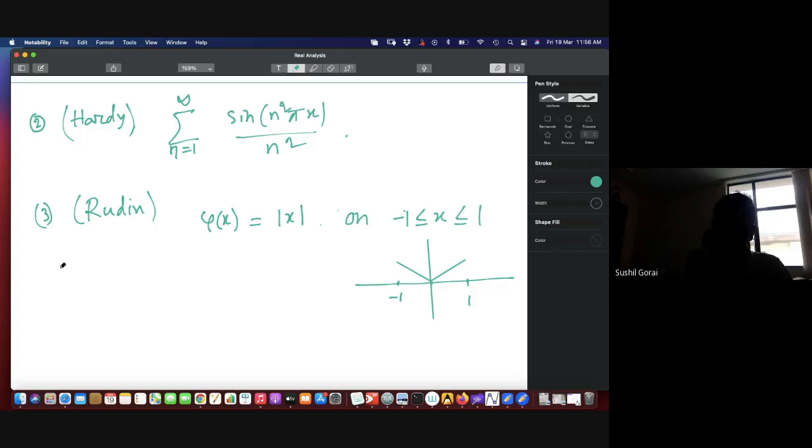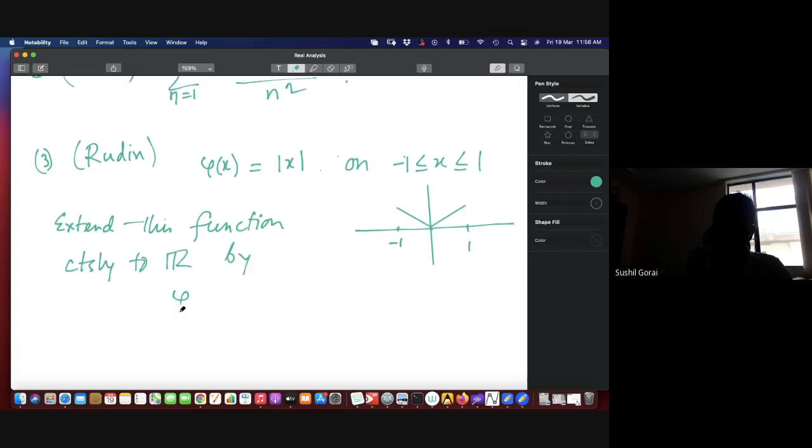Now what he said is extend this function continuously to the whole of R by putting phi of x plus 2 equal to phi of x, right?